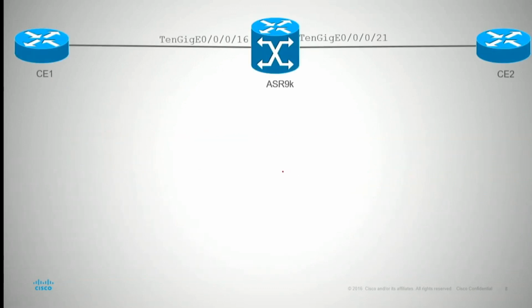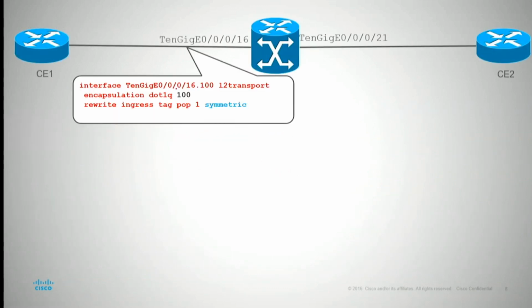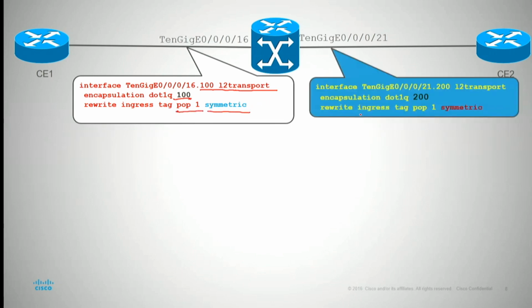We will see the configuration here. This is the same configuration which we discussed earlier. This is the layer 2 transport sub interface EFP. Here we have defined the dot1q tag 100, and we are doing the pop 1 option with symmetry. The same configuration will be applied on the other end, but to simulate the VLAN scenario, I have defined here dot1q tag 200 and pop 1 symmetry.